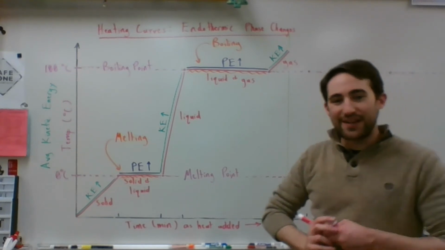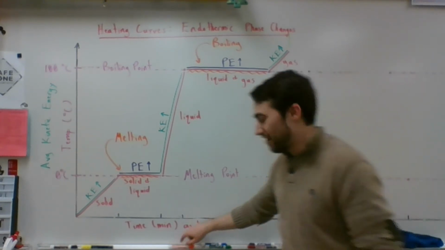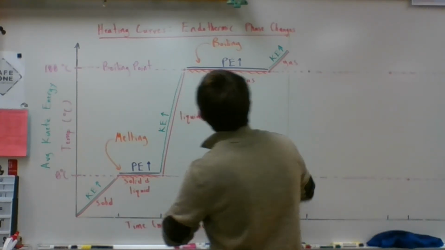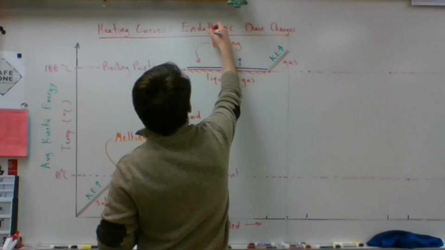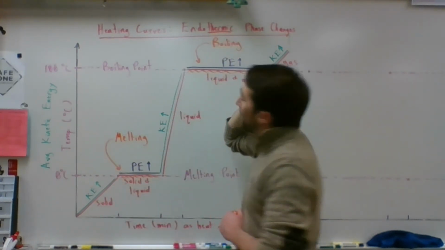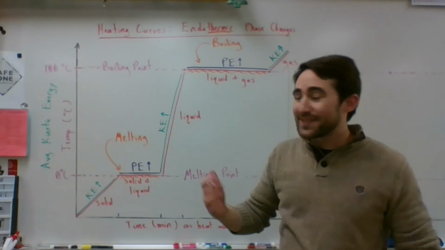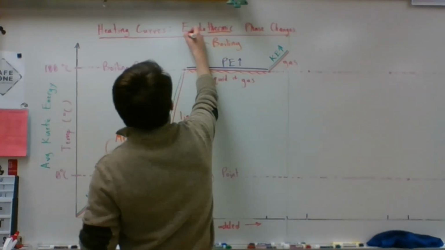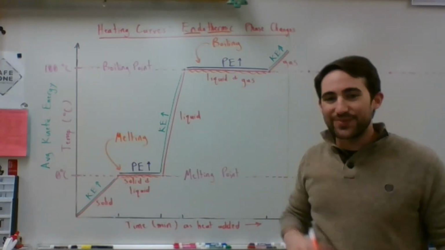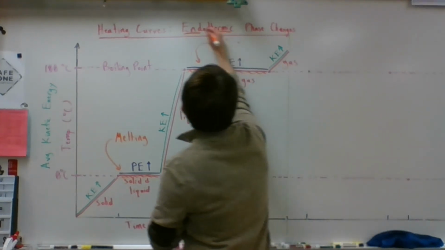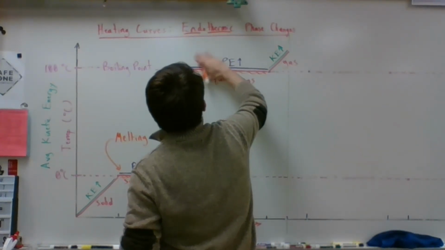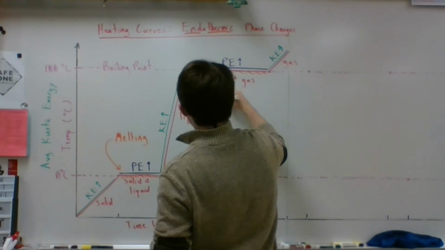Now, endothermic sounds kind of like a scary word, but it's really not all that bad if you break it down. Thermic just means heat. And endo just means in.